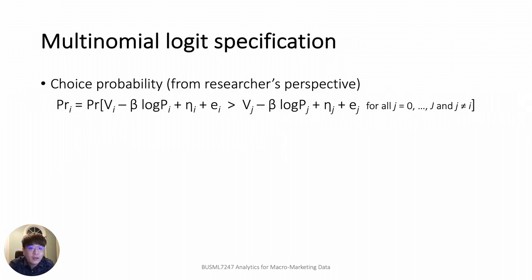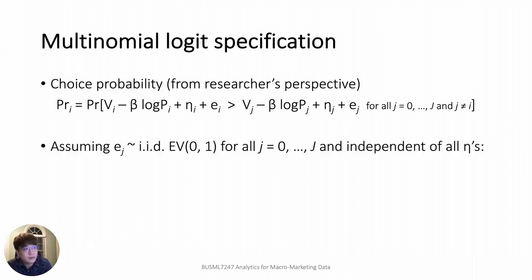The idiosyncratic error is purely random, so I'm going to integrate it out in the equation. Let's assume that for all choice options, the idiosyncratic error is independently and identically distributed, IID for short, and the distribution is a standard extreme value type 1 distribution, EV1 for short.